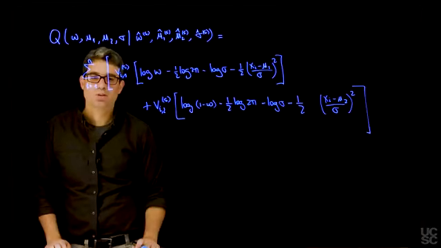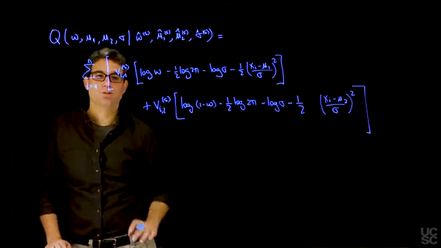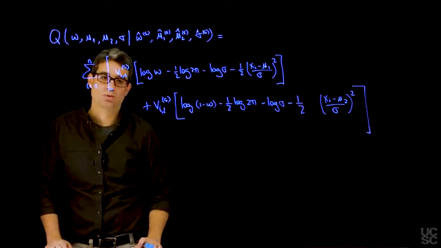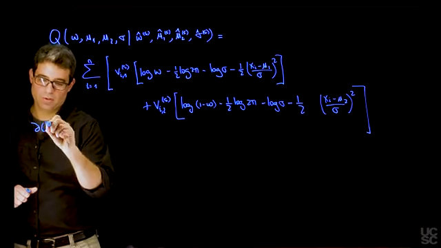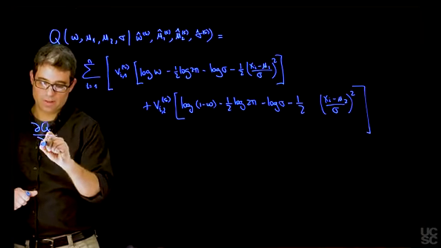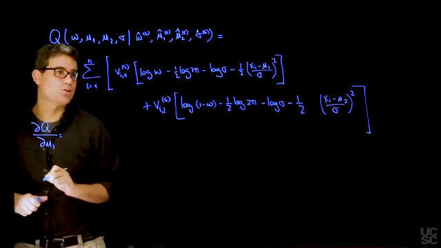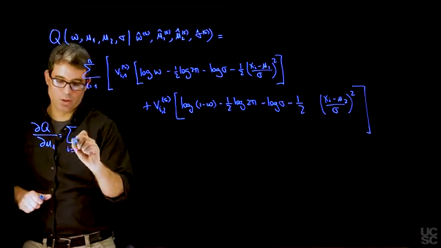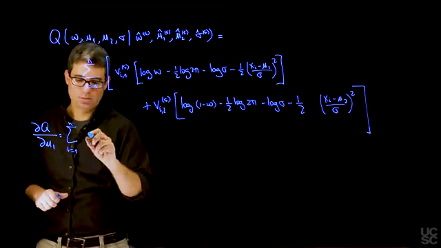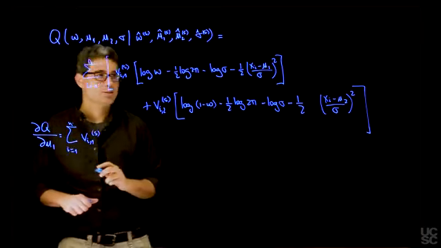Let's compute now the derivative with respect to mu1. And I'm just going to do mu1 because the computation for mu2 is going to be pretty much identical. So to compute the derivative of q with respect to mu1, it's going to be very easy. So we have the sum from 1 to n of bi1s.